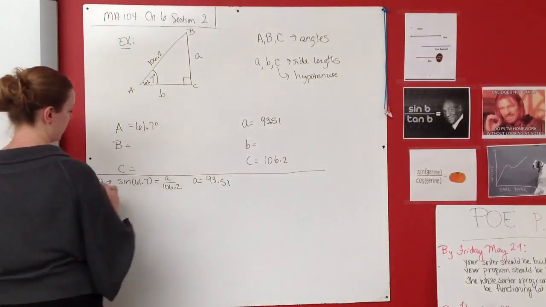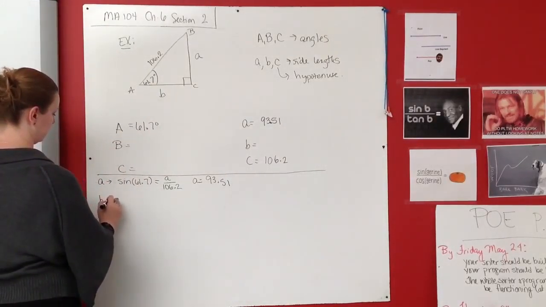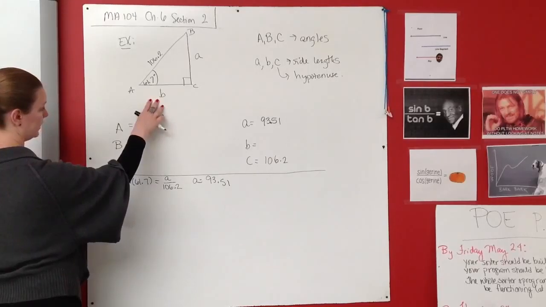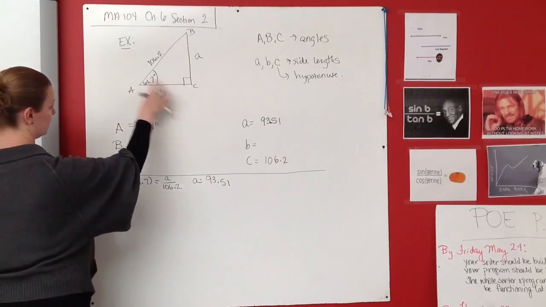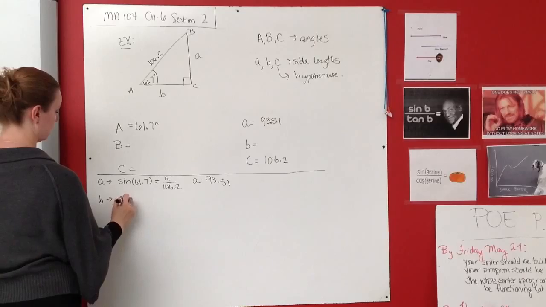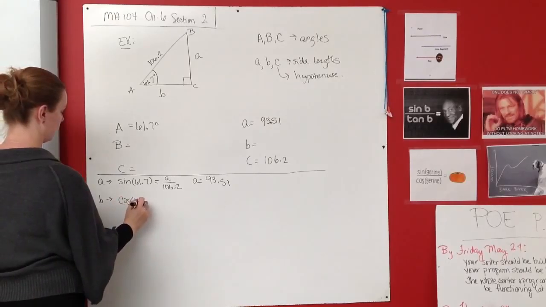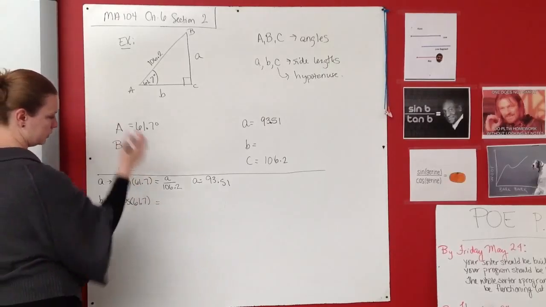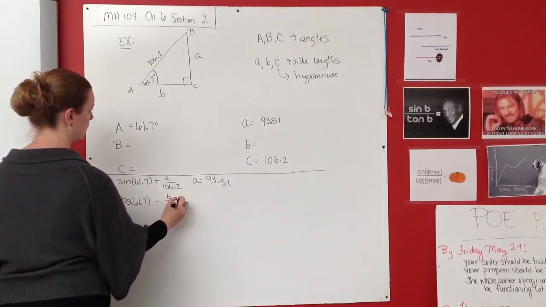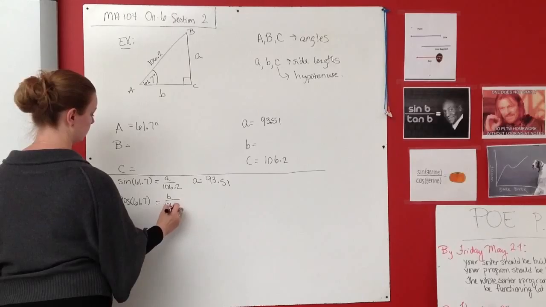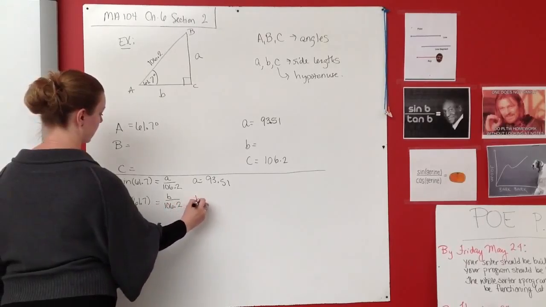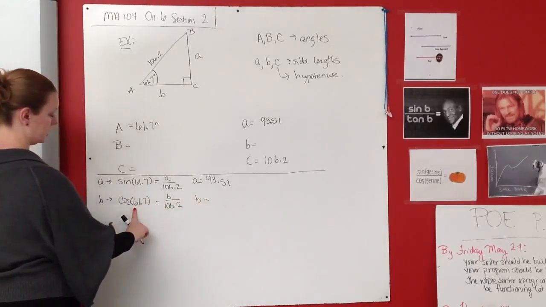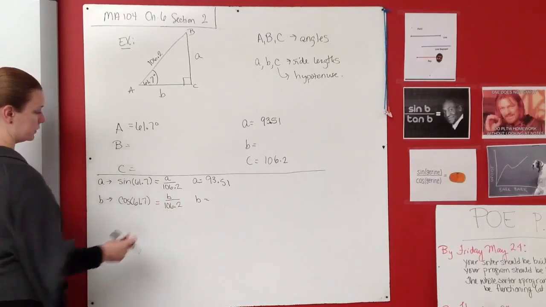Okay, so for side b, we're going to use the cosine function because cosine is adjacent and hypotenuse. So we want to take the cosine of angle 61.7 degrees, and we're going to set that equal to side b divided by 106.2. Again, using your algebra skills, find the cosine of this first, multiply both sides by 106.2.